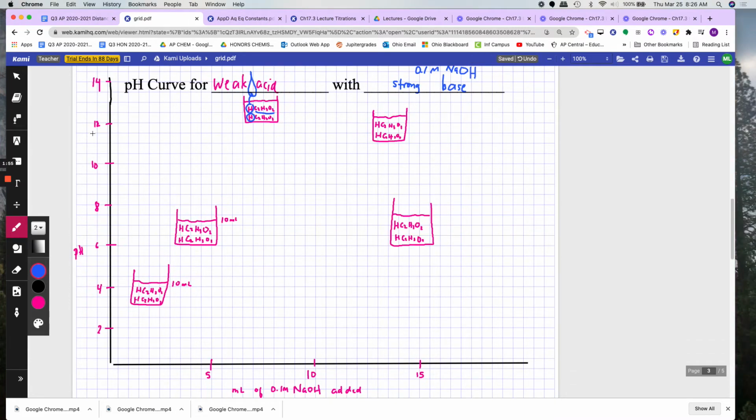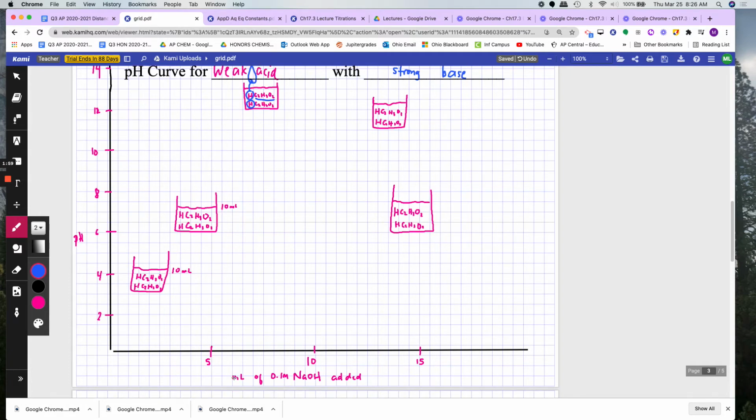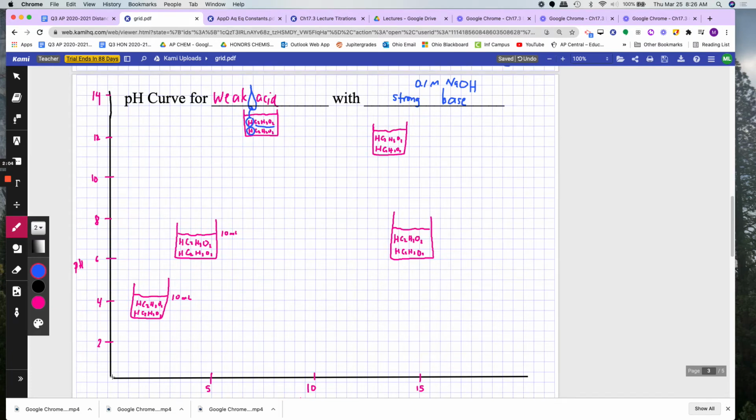So here it is again. On the y-axis you have pH, and on the x-axis we're measuring how much NaOH you are adding. So in the beginning, when you've added 0 NaOH, put a pH probe in there. I forgot to draw the pH probes. Because that's a weak acid, it's going to be a little bit higher than what we started with in the strong acid over here.